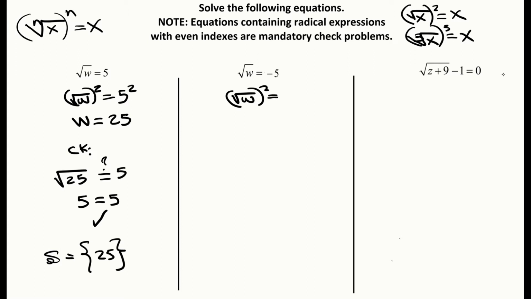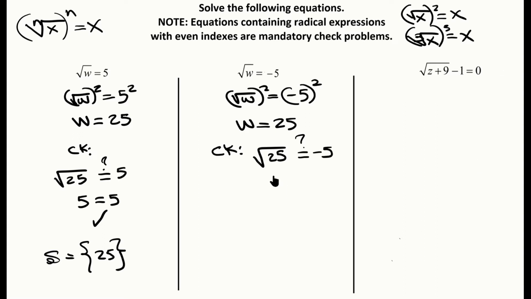So we would end up with this scenario, and we would get w equals 25. But then, as long as we checked it, we would realize that when we ask whether the square root of 25 equals -5, we would find out that it in fact is not, because this is the positive or principal square root of 25, which, as you know, is 5, and that is not equal to -5.